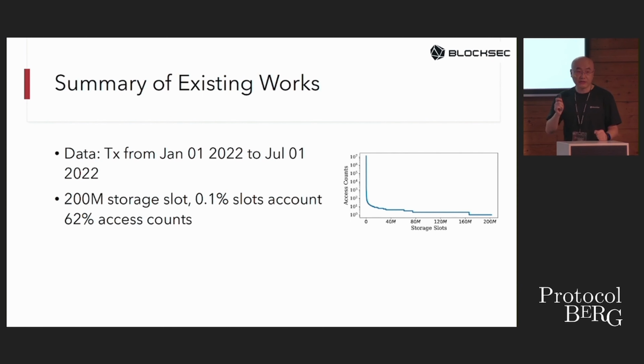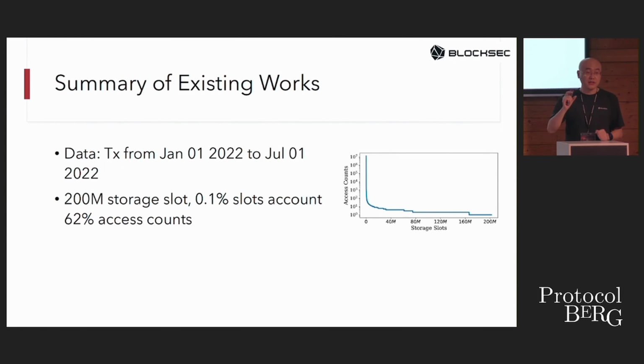We find that the accesses to the storage slots are not equally distributed, and there are obvious hotspots among these storage slots, like 0.1% of the slots account for more than 60% of the accesses.